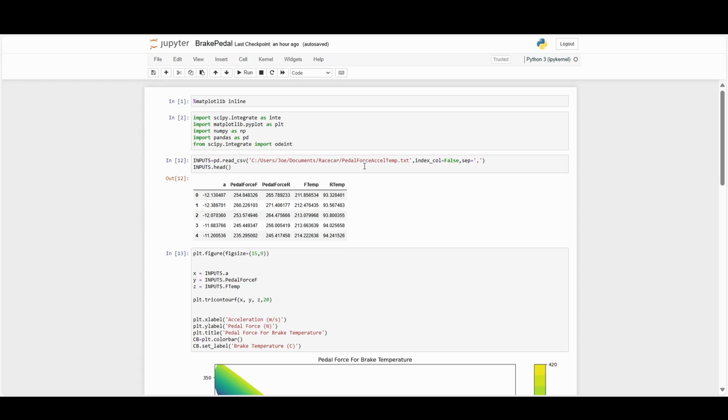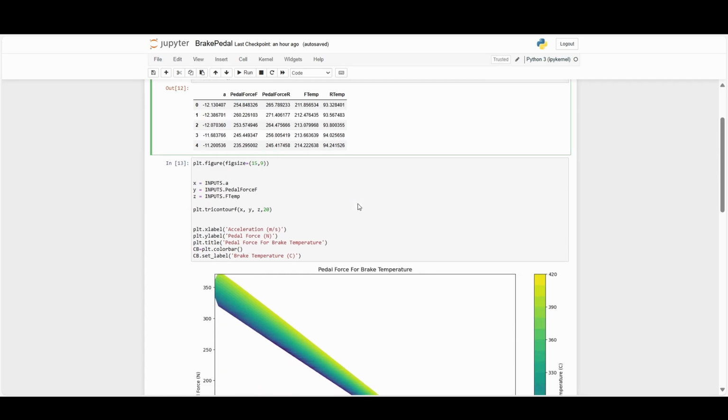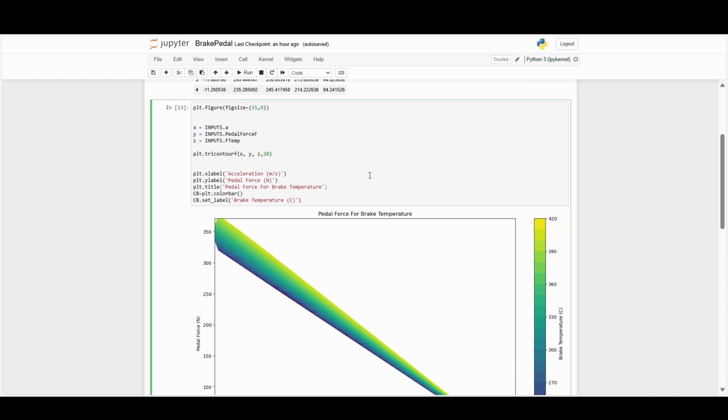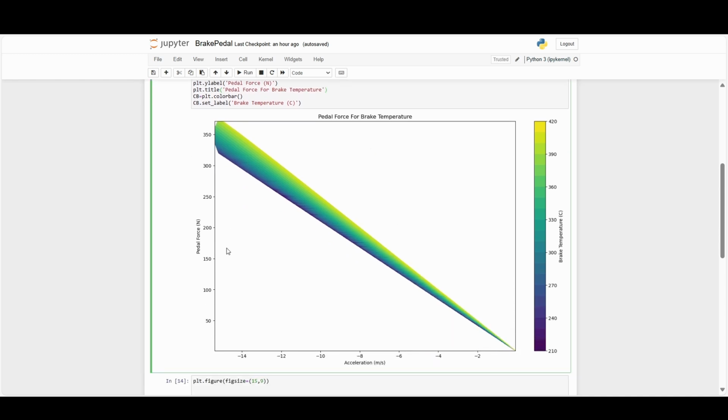So I took that CSV, put it into a Python notebook, and I created a contour plot. So this is the pedal force for the front per acceleration. So the more acceleration, obviously you need more pedal force, but I also put in the brake temperature.